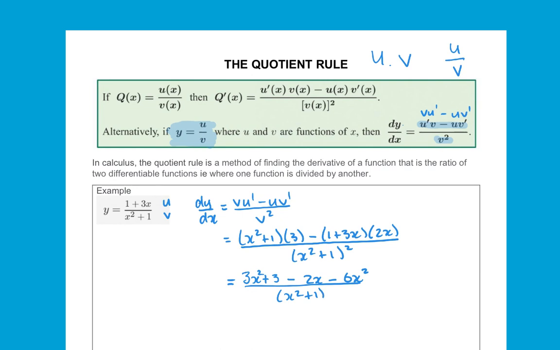We're going to leave the denominator as is. Almost never do you expand the denominator. And there we are.